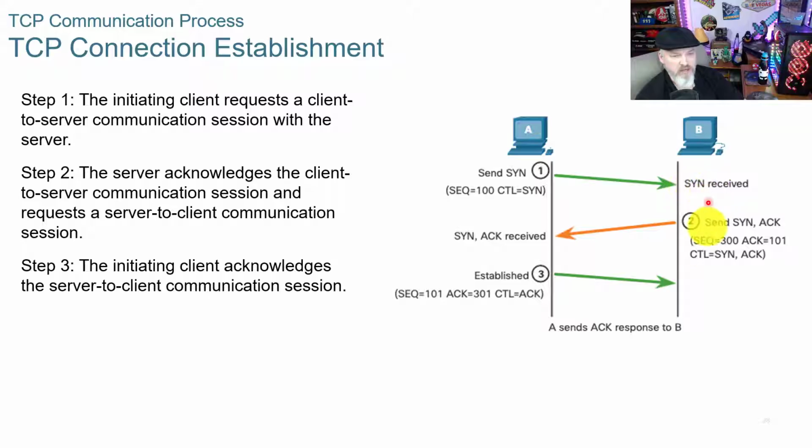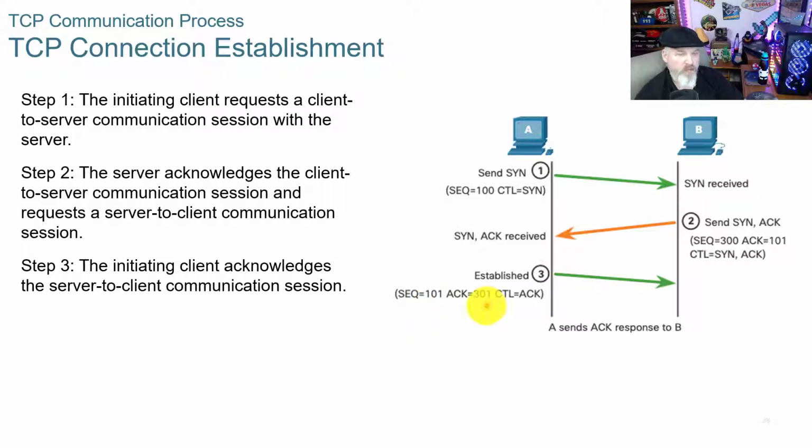So the SYN gets received, and then the receiver says, oh, okay, I need to send now a SYN packet with an acknowledgement packet, or an ACK packet, and this was sequenced at 200. This sequences it at 300, and it gives an acknowledgement of 101. So it took the sequence here and it put 1 on it, and then it gave it a control, and then it sent it back, and then the connection is established, and then the sequence is 101.